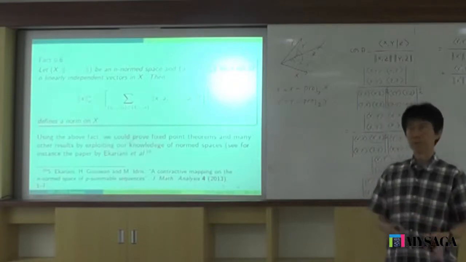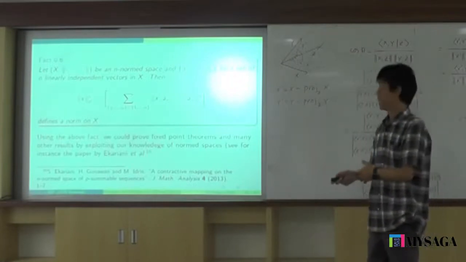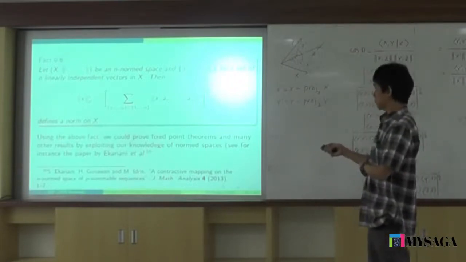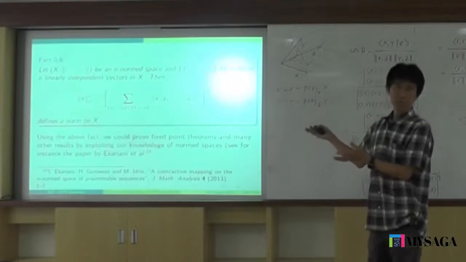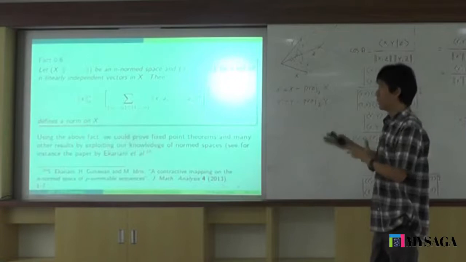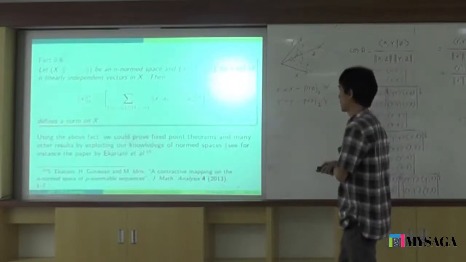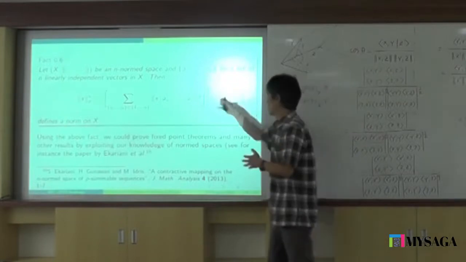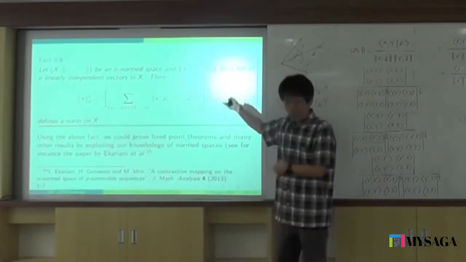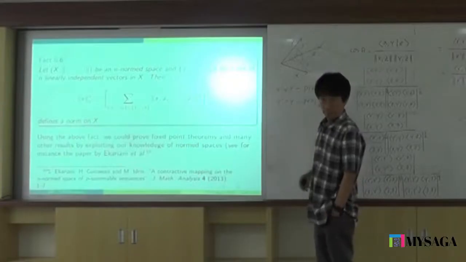Of course, when P is equal to infinity, you consider this as the supremum. So we have many choices here depending on P, but I put P because later on I will also discuss LP. But you can think of P equal to 1, for example. If P is equal to 1, then you just have the sum, and that is a norm.